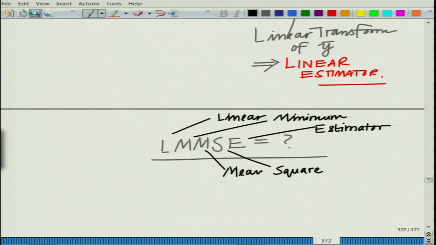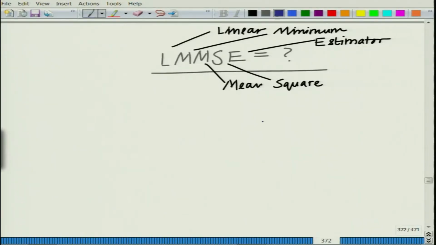Now, this is basically the anatomy of this term. Let us dissect it and understand the meaning of each component. This is a loaded term, LMMSE. The first thing to perform LMMSE estimation is to understand what this represents.